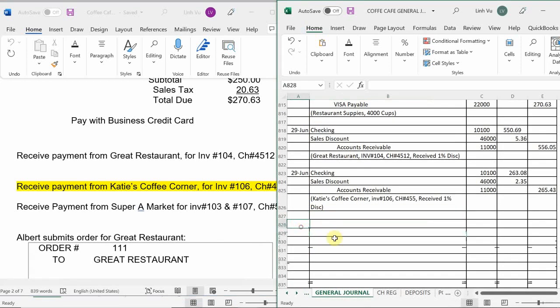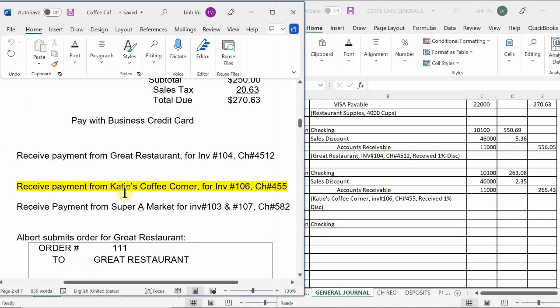So we received a check. Now, we're receiving a check for 2 invoices. So how much does Super A Market owe me?